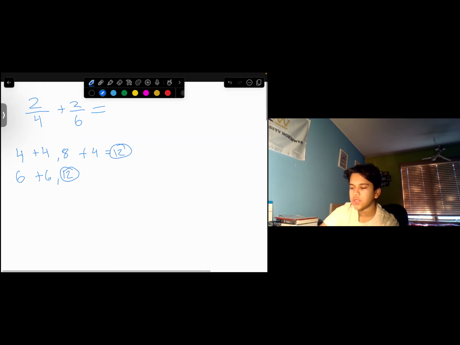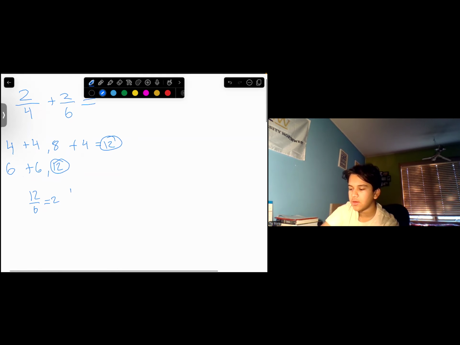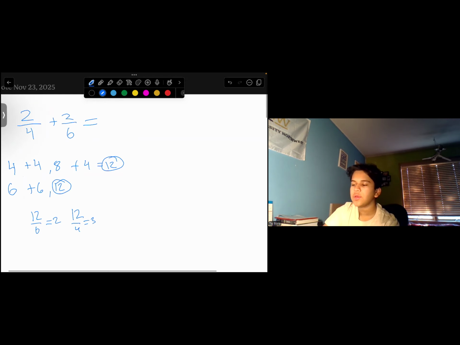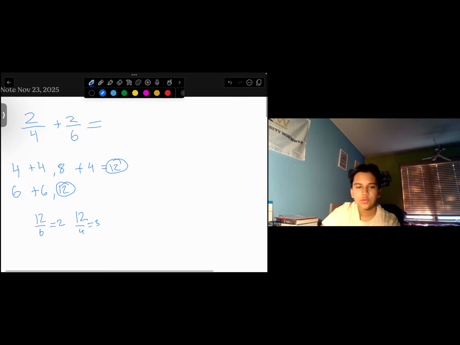To check this, we can do 12 divided by 6 equals 2, and 12 divided by 4 equals 3. So now we know that the least common multiple is 12. To get this, we multiplied 4 by 3 to get to 12.